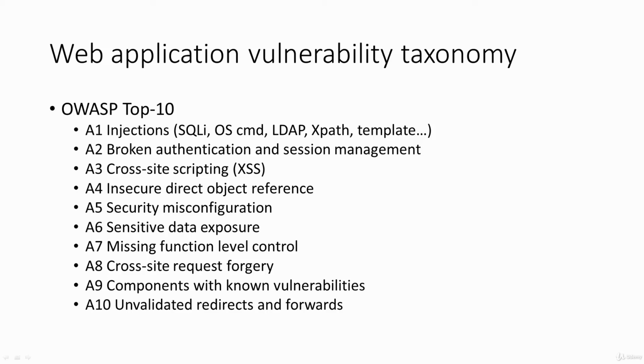Category number 9, components with known vulnerabilities. What it is, I would say, is just supply chain corruption. Okay, so a lot of reused code, a lot of frameworks. Frameworks are constantly hacked by different researchers that are trying to find more and more vulnerabilities in them.